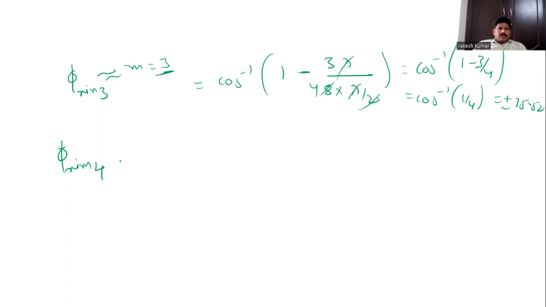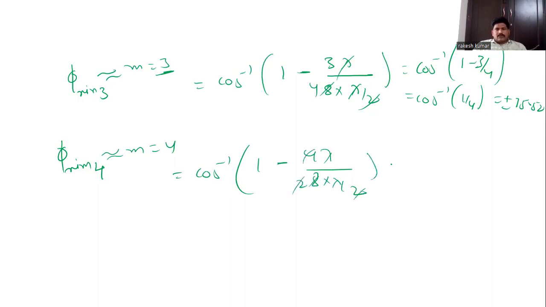Similarly, calculate phi minimum 4. Here you can write m is equal to 4. That is cos inverse of 1 minus 4 lambda by 8 into lambda by 2. The 4 and 4 cancel, so it is cos inverse of 0, which is equal to 90 degrees.